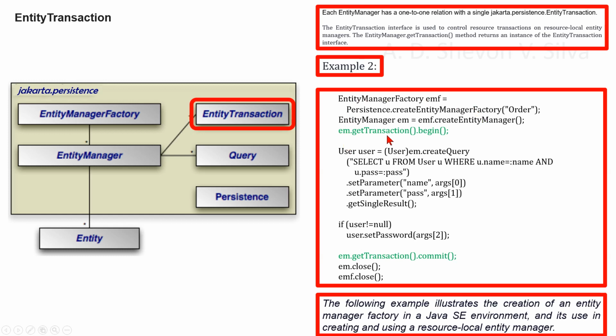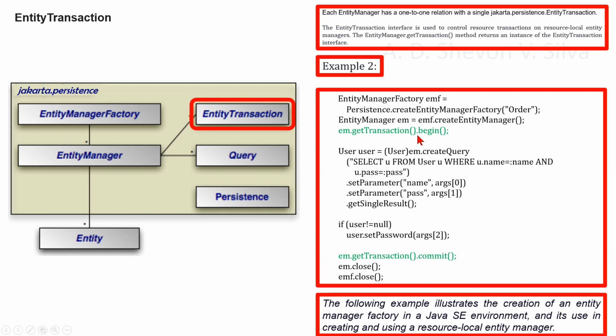We are considering entity transactions here. You can see the getTransaction method returns the resource-level EntityTransaction object.